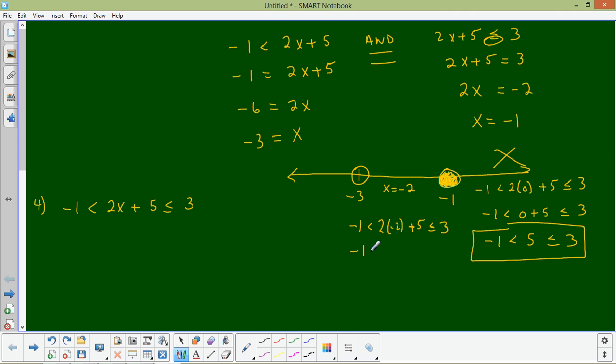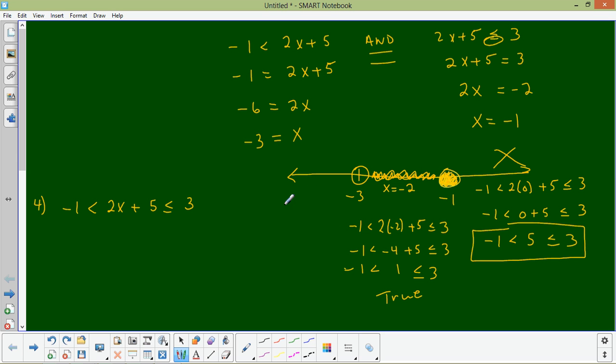We get negative 1 is less than negative 4 plus 5, less than or equal to 3. Okay, so negative 1 is less than 1, which is true, which is less than or equal to 3, which is true. So that gives us a true statement. So numbers in there will work.